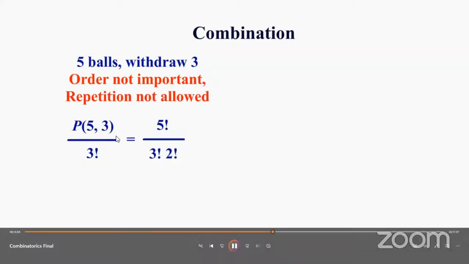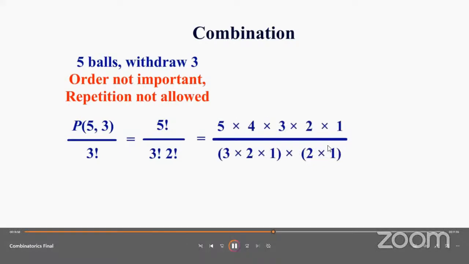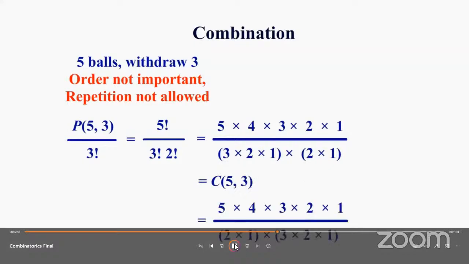This has a different name, called the combination, and we have a special notation for that: C53.